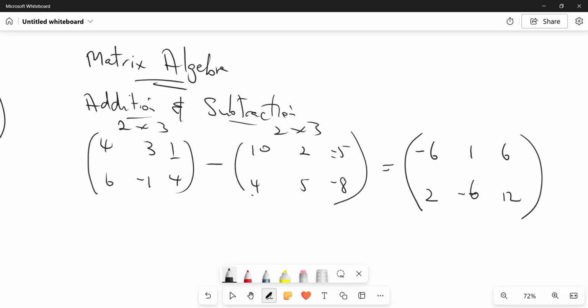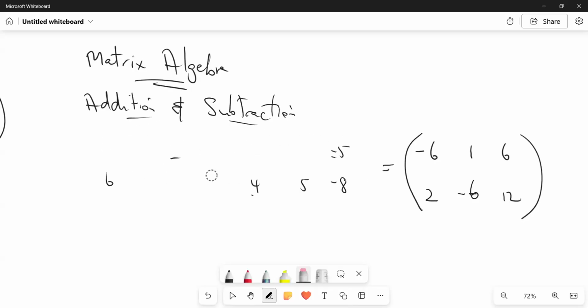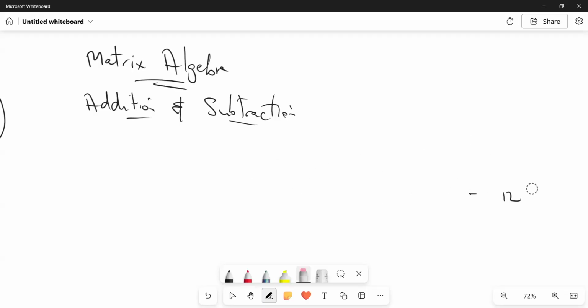However, multiplication might be a little more complicated. Right? Let me just do another problem involving addition and subtraction, because not all of them might be this straightforward. Look at this one.